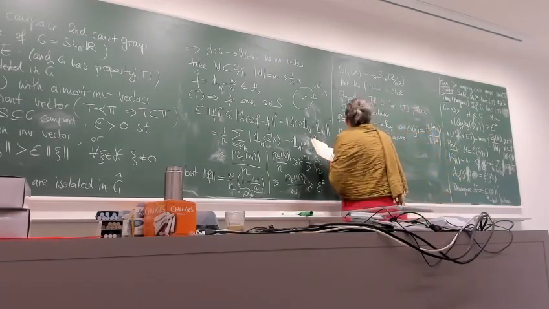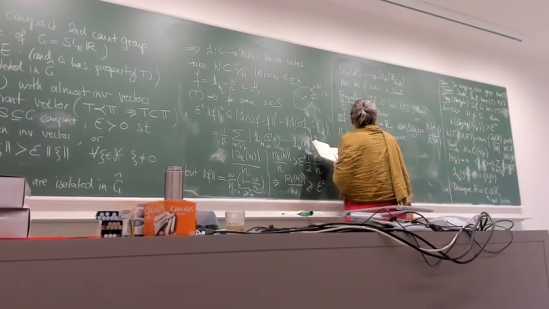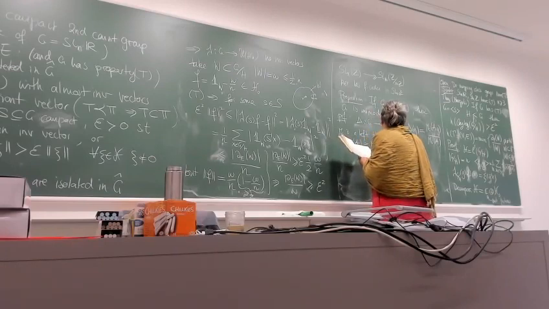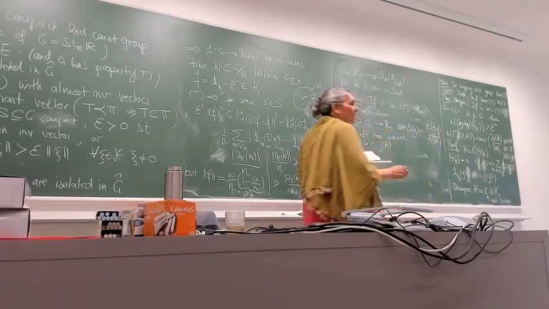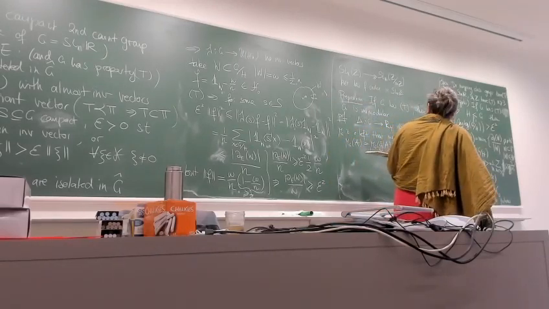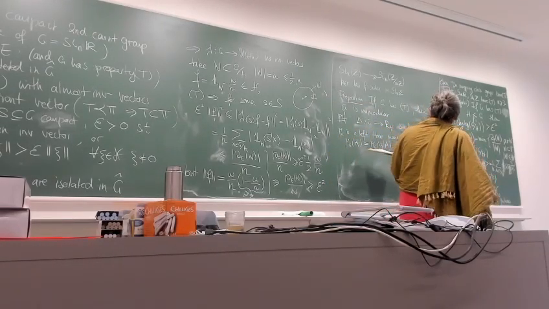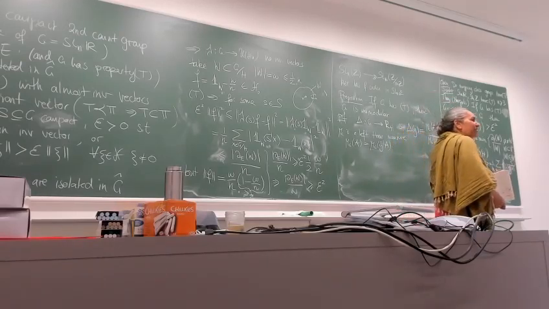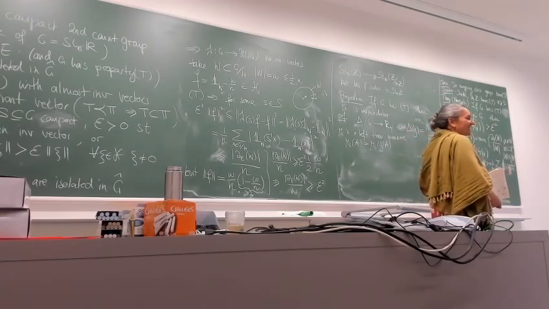It means that it's a measure on G such that the measure of a measurable set A is the same as the one you displace on the left. But it doesn't need to be invariant when you displace your set on the right.